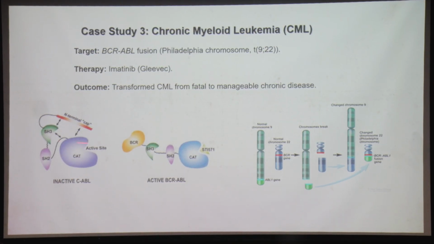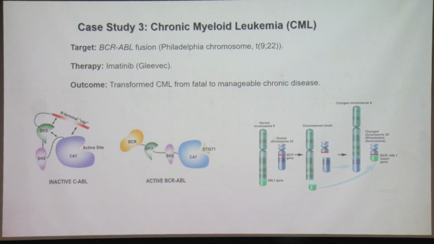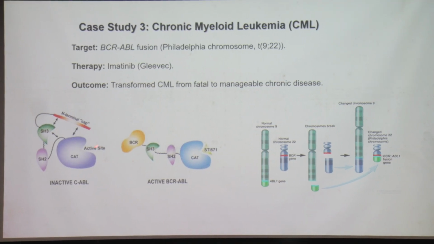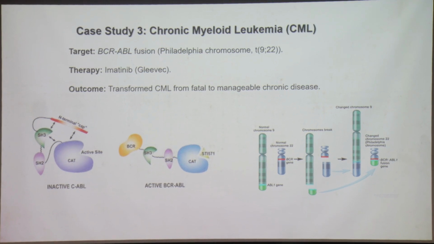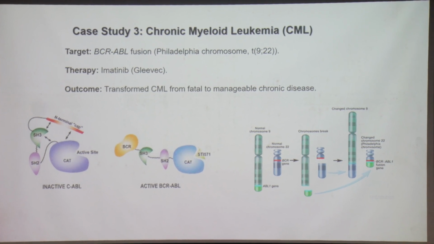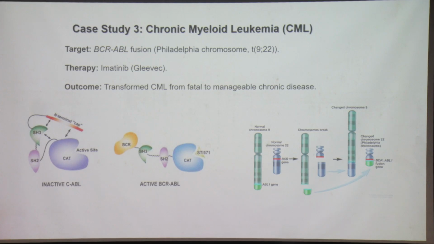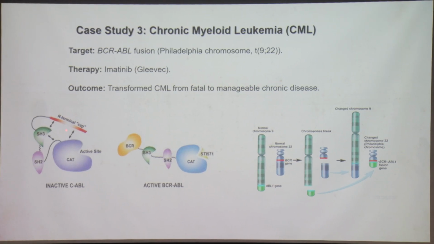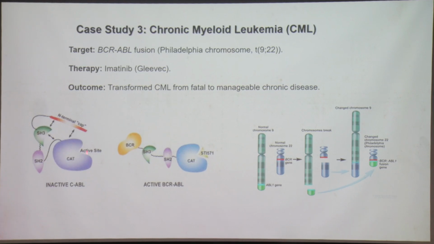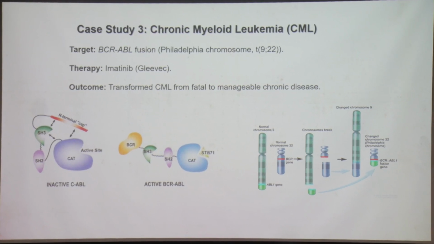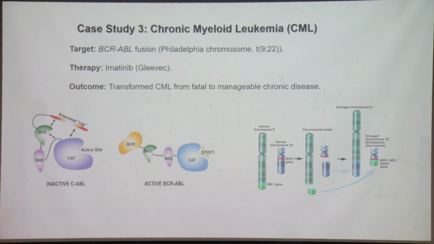This is the catalytic domain, which accepts ATP and phosphorylates protein. This is the whole protein, not different proteins. One protein, different parts, like head, torso, legs. This is the enzymatic side, these are other domains, and the tail binds to this and keeps it off.